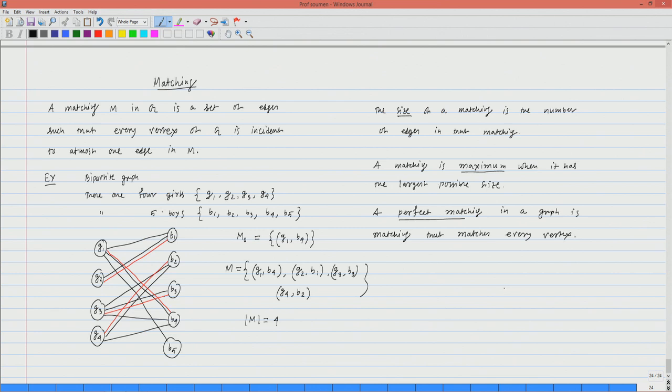Right. So, this is not a perfect matching, because not every vertex is matched here, B5 is not matched. So, this is not a perfect matching, but this is a maximum matching.